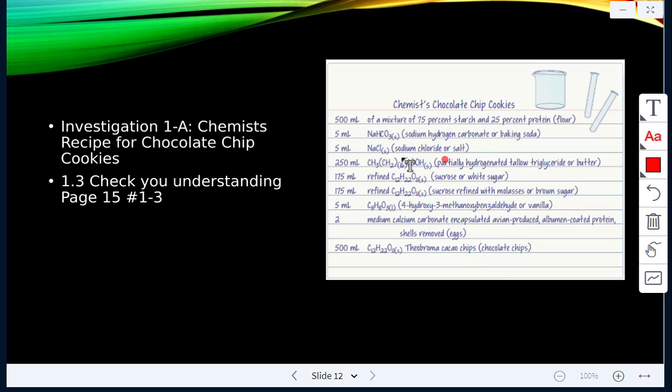Instead of salt, they're using sodium chloride. Instead of sugar, they're calling it sucrose. So it is interesting to see how all the ingredients are actually chemicals. And then on page 15 is the check your understanding for 1.3, numbers 1 to 3.